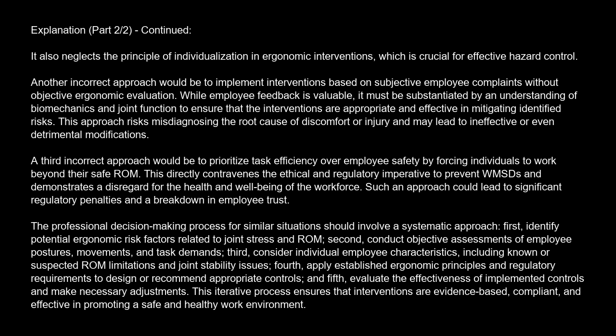Fourth, apply established ergonomic principles and regulatory requirements to design or recommend appropriate controls. And fifth, evaluate the effectiveness of implemented controls and make necessary adjustments. This iterative process ensures that interventions are evidence-based, compliant, and effective in promoting a safe and healthy work environment.